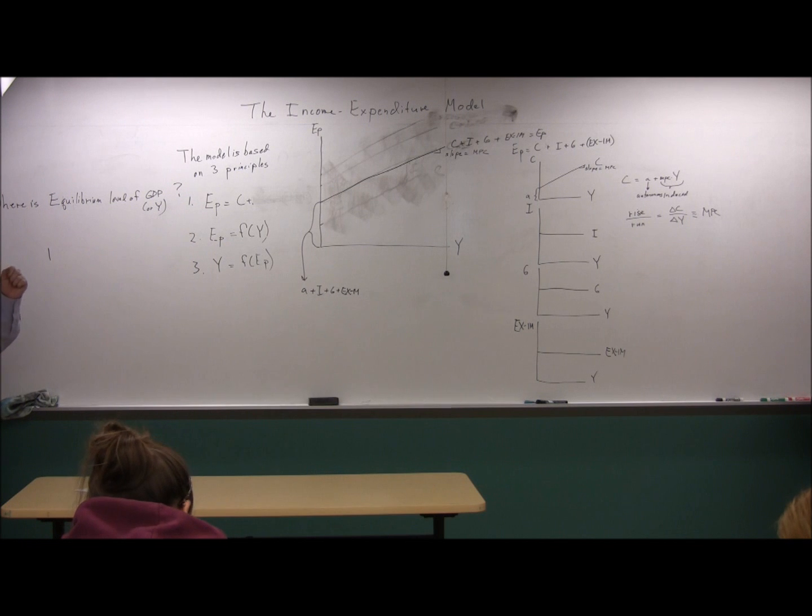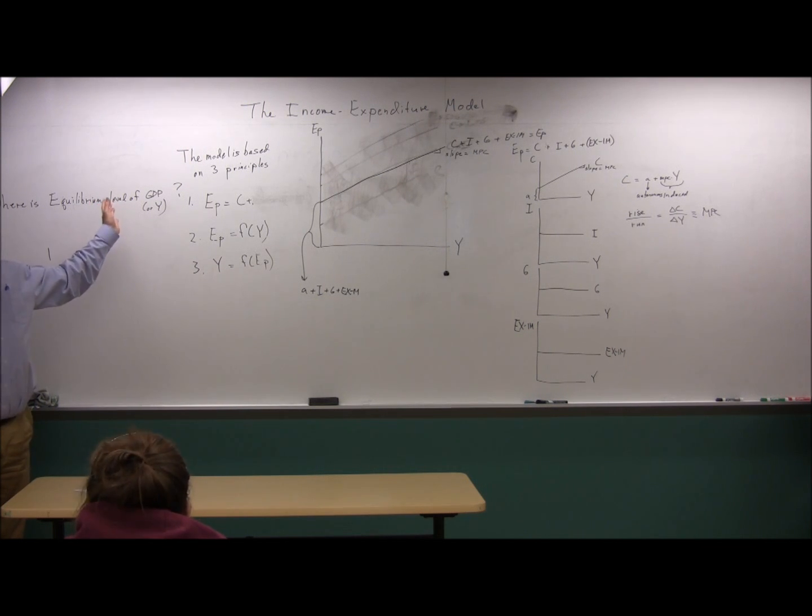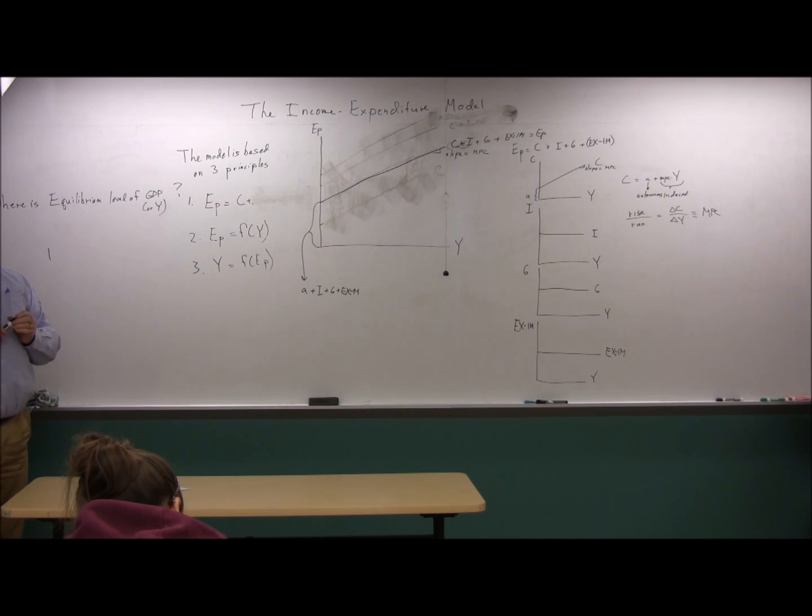That's what this whole model is designed to tell us. The equilibrium level of GDP is either where we are or where we're headed towards, if we're not quite in equilibrium yet. So that's important. This is the answer to the question, what determines how fast or slow the economy is going? We haven't revealed it, but that's where we're going with this.